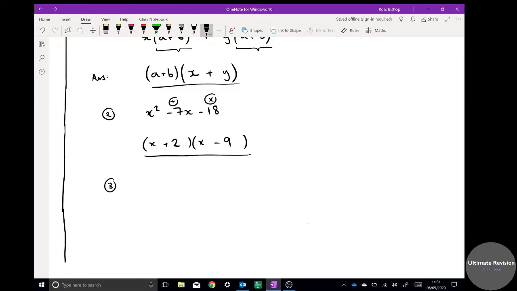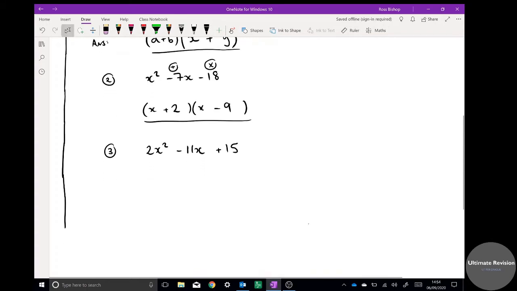Type 3, slightly harder type, when you've got more than 1 x squared. Okay, and I'm just going to do, a tip for this one. So it's a 2x squared, so you start by putting 2x all over 2.